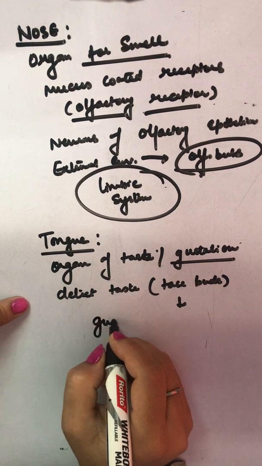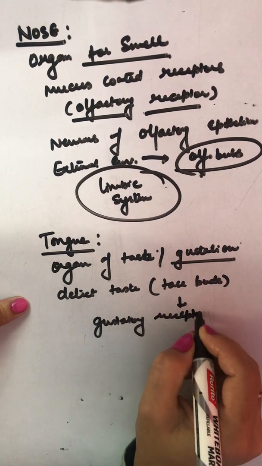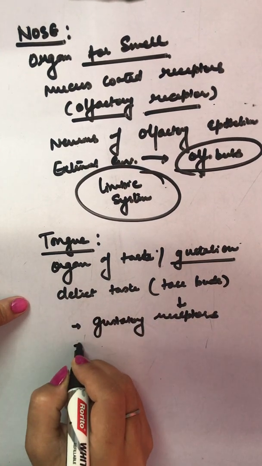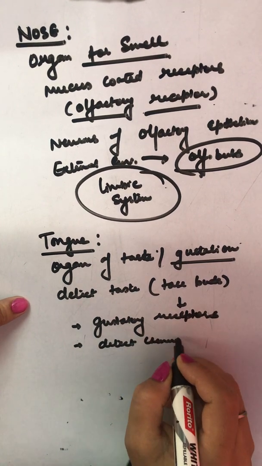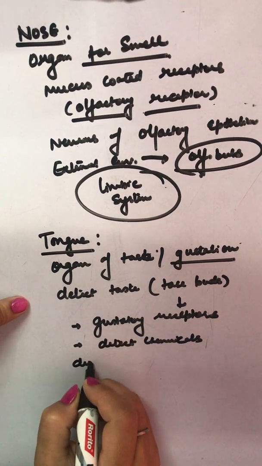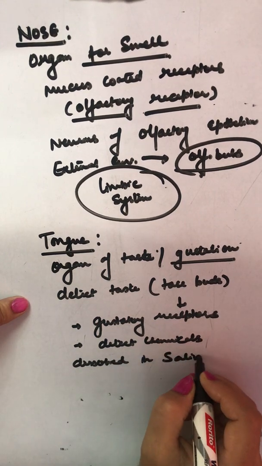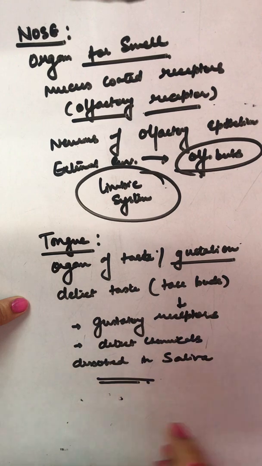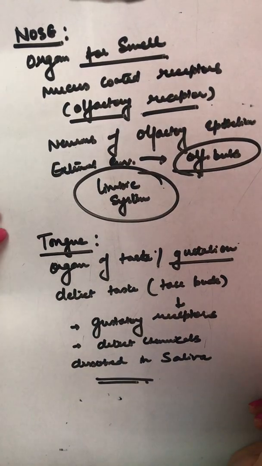These contain gustatory receptors, as well as these can detect chemicals dissolved in saliva. Clear, children? This is all about the chapter neural control and coordination.